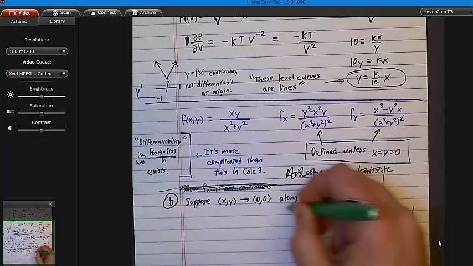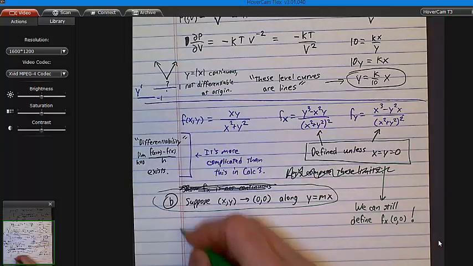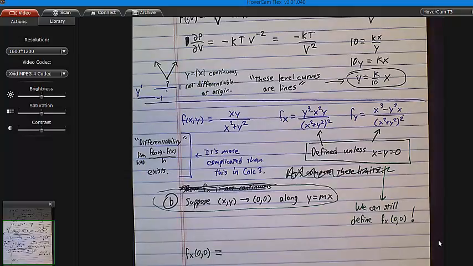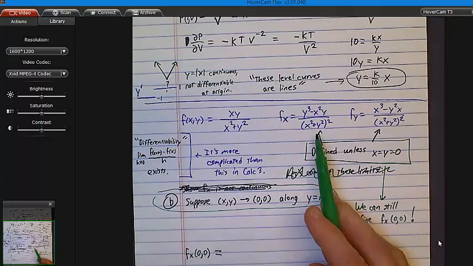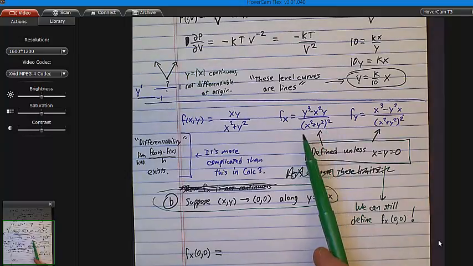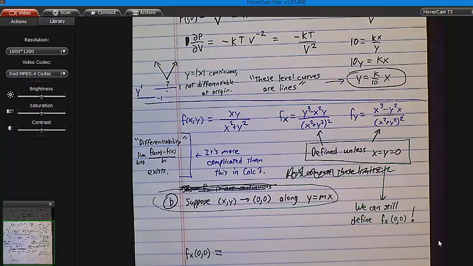Maybe we'll do that after break, because we'll need to recharge. But here I go. Fx of 0, 0 would equal, now you're going to say to me, Paul, you can't do it. You can't plug zeros in here, and I agree. But even though I can't plug it in here, I can go back to my definition of fx. Now what's the definition?